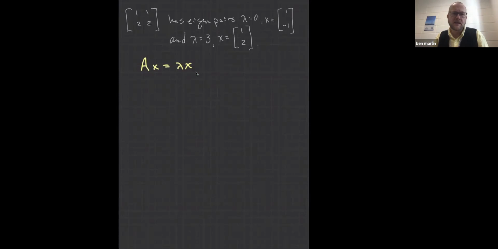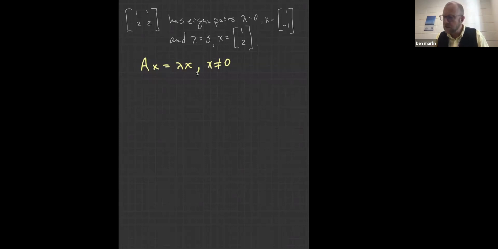So if Ax equals lambda x, that means when you multiply that vector x by A, you get a multiple of the vector, okay? And you have this proviso: the vector can't be zero, okay? Now, the value can be zero, but not the vector, right?